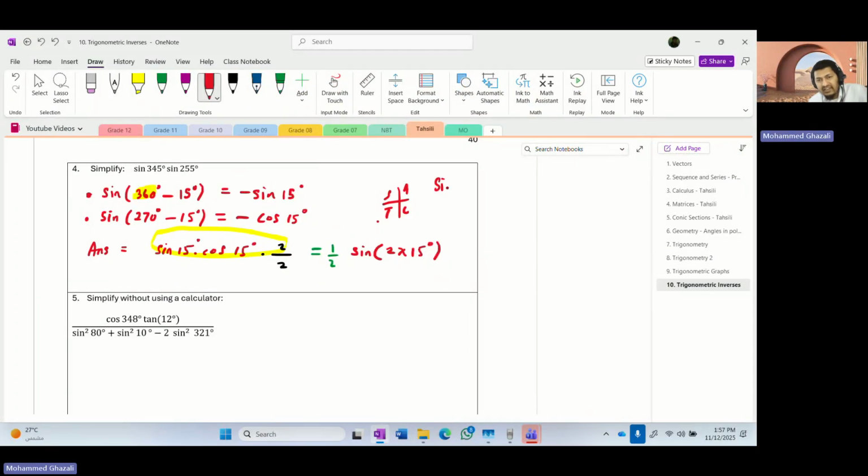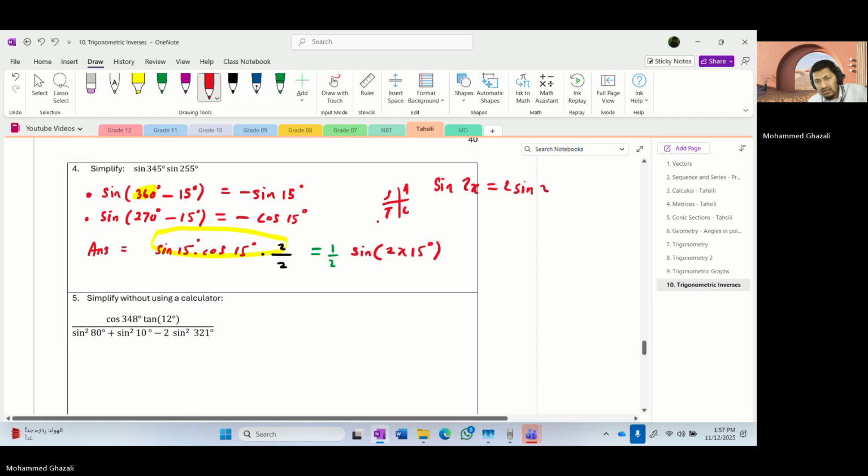Why? Because remember, sine double angle is equal to 2 sine angle cos angle, right? So 2 times 15 is 30. So half. What is sine of 30? Half. So my final answer is quarter.